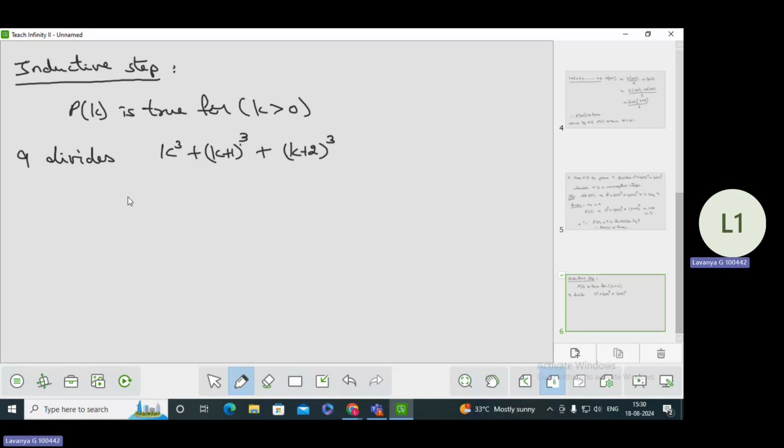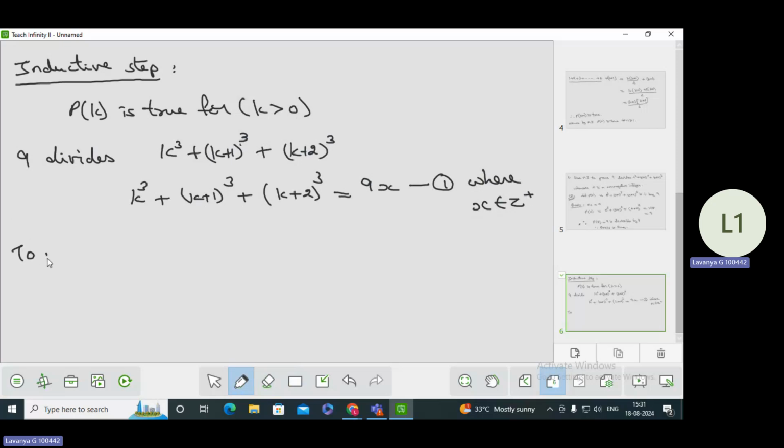In other words, I can say this is divisible by 9, or this is going to be a multiple of 9, say 9x. I take this as equation number 1, where x belongs to Z plus.